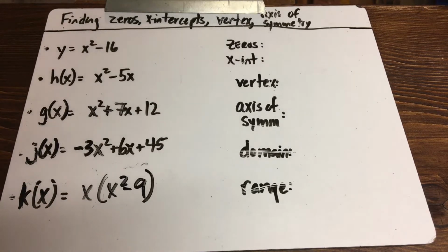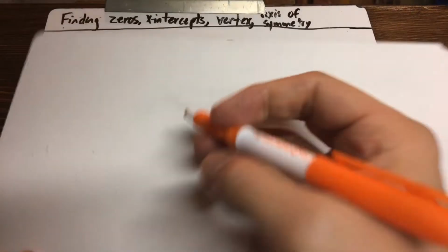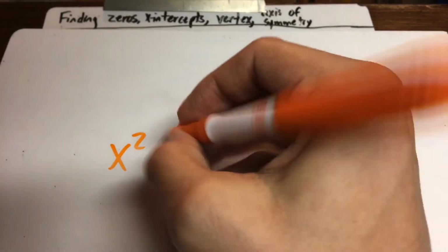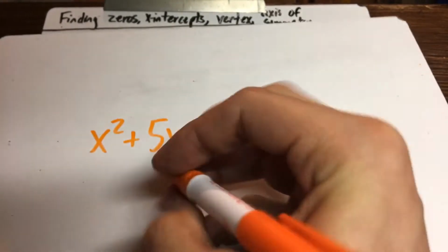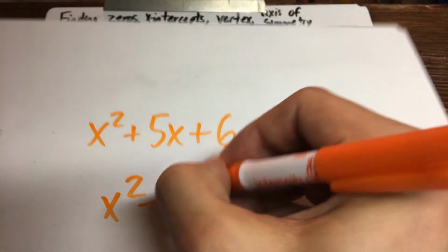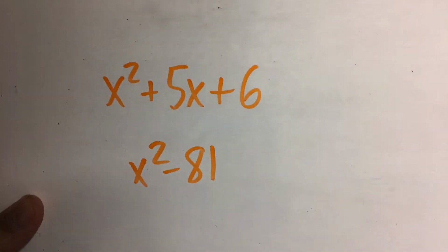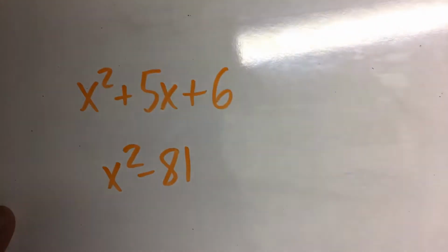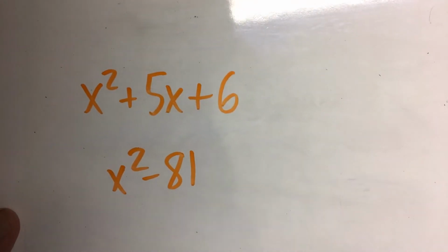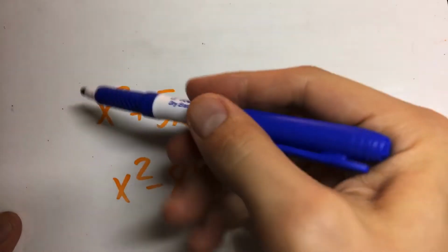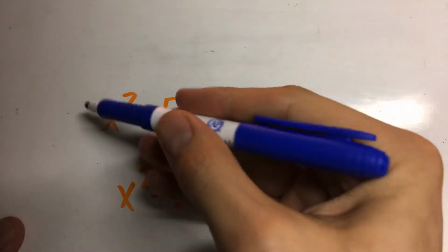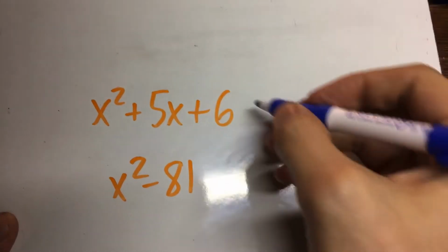So we're going to have to go back to what we did last chapter whenever we had polynomials and we would have to factor polynomials. And sometimes it was the easy ones like this, whenever the a was 1, like this has an imaginary 1 in front of it right here, you could do it in your head, right?